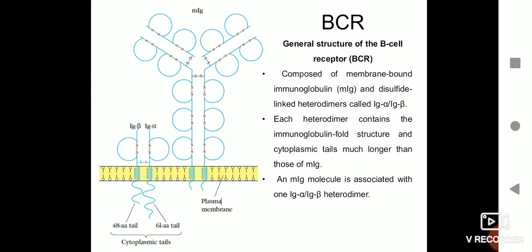On the right hand side is the small membrane bound protein, a disulfide linked heterodimer called Ig alpha, Ig beta. Each of these heterodimers contains an immunoglobulin fold structure and a cytoplasmic tail, which is much longer than that found on membrane bound immunoglobulin. And each membrane bound immunoglobulin molecule will always be associated with one heterodimer Ig alpha, Ig beta, right? So this is the general structure of a B cell receptor.